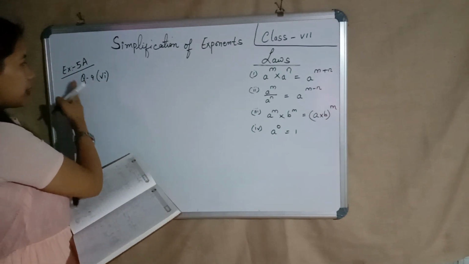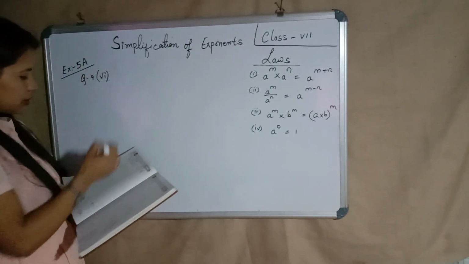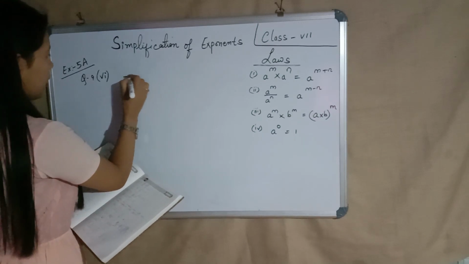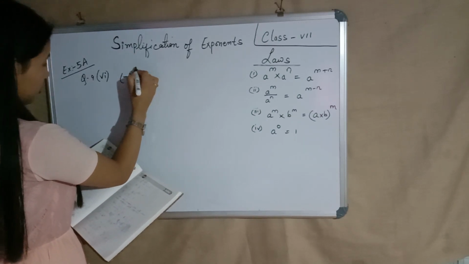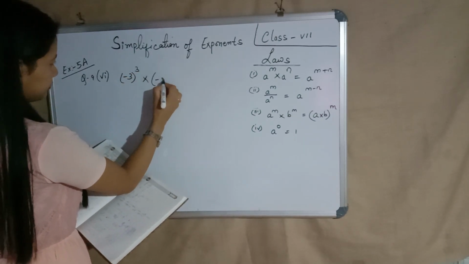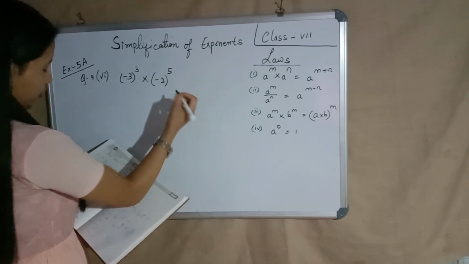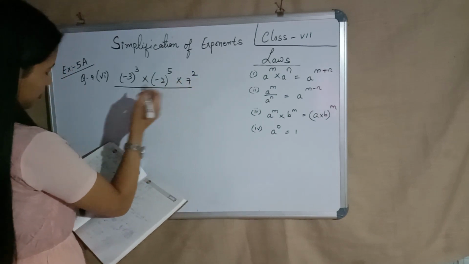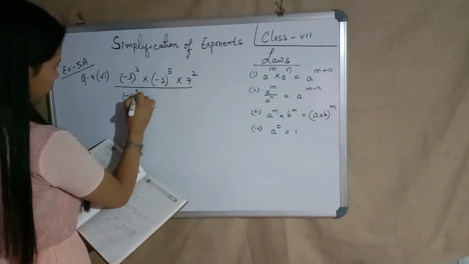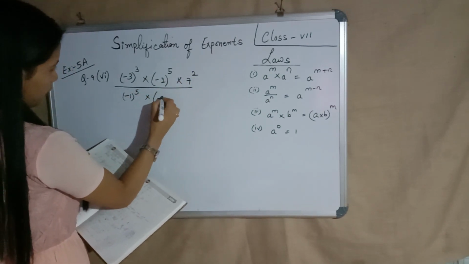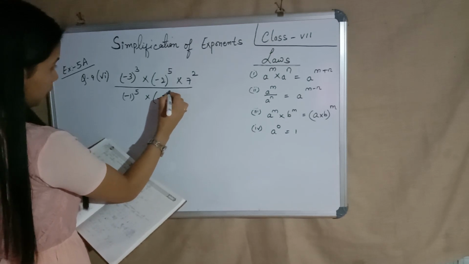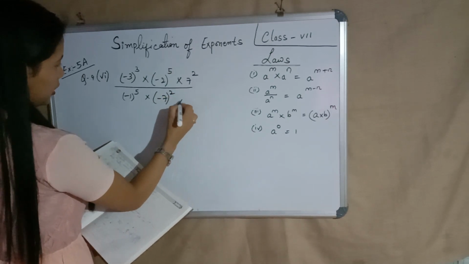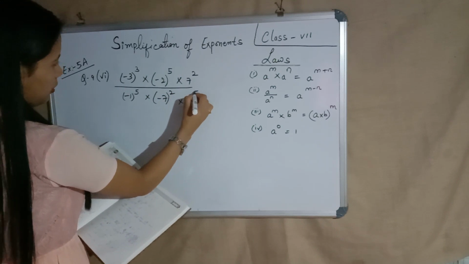That is exercise 5A, question number 9, Roman number 6. Let me write down the question. It is minus 3 raised to the power 3, divided by minus 1 to the power 5 into minus 7 to the power 2 into 2 to the power 5.